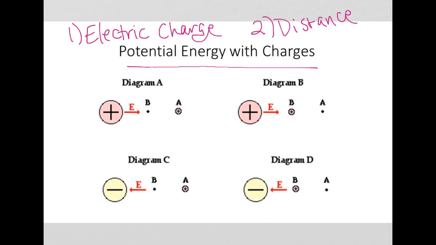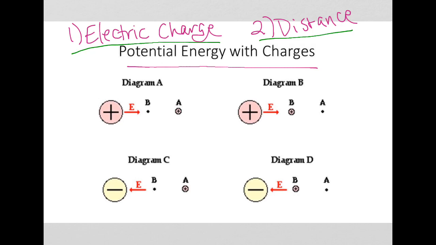If you think about this, this is very similar to the mass of our object in gravitational potential energy, and distance is very similar to the height of our object with gravitational potential energy.